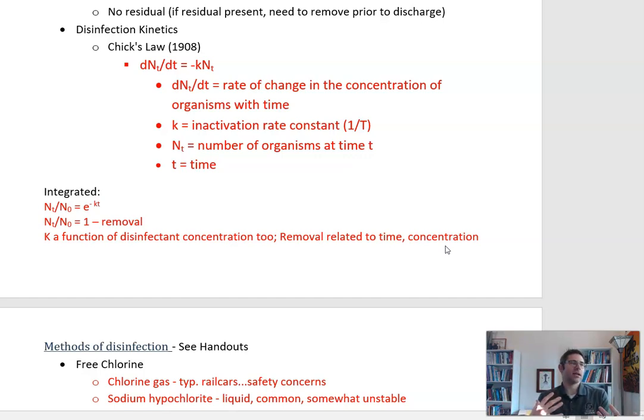It might take, say, an hour for that to do its work to disinfect what's in there. But if I add a cup of bleach to the bucket, it might only take 5 minutes for complete disinfection. Again, the rate at which we have inactivation is proportional both to time and the disinfectant concentration.